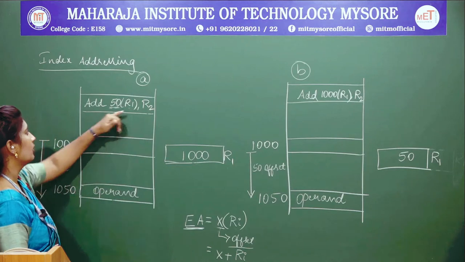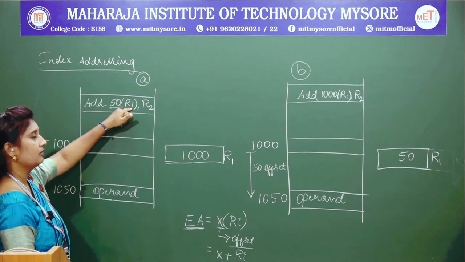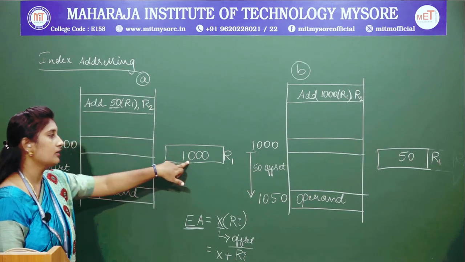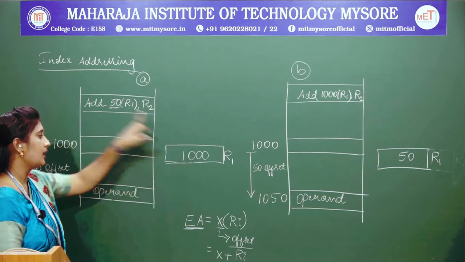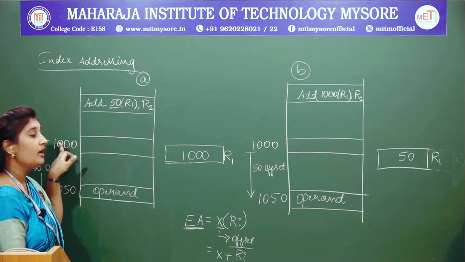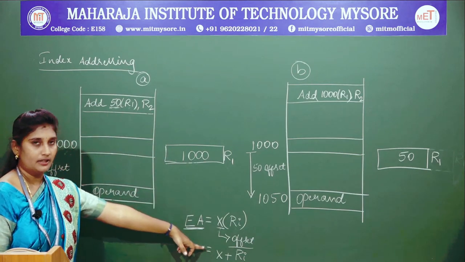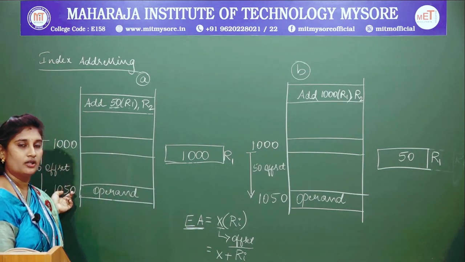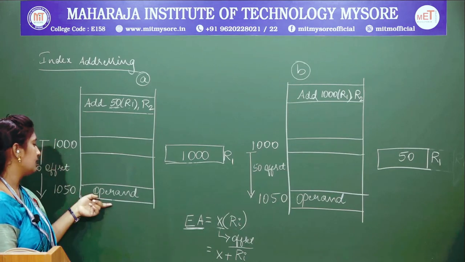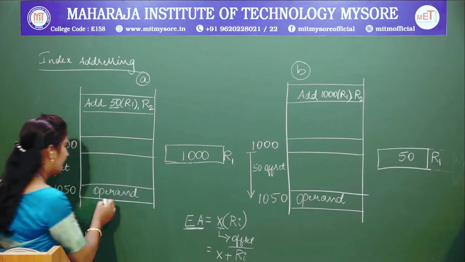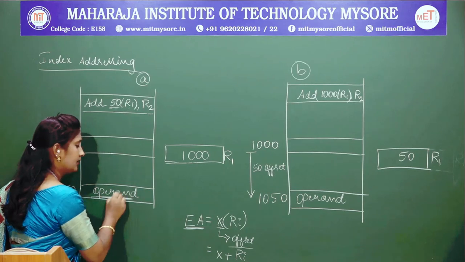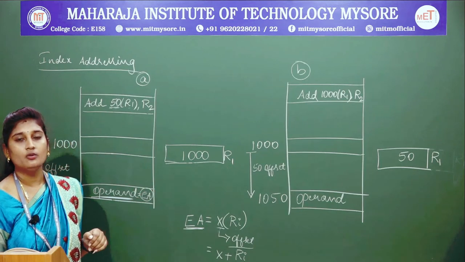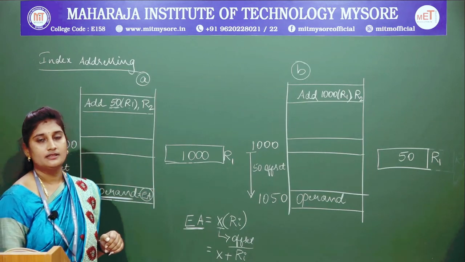Now I will calculate the effective address. First I check my general purpose register R1, where I got the memory address 1000. Now I add the constant value 50 to 1000, and I get 1050. Here my actual content is present. You call this the effective address of my instruction.